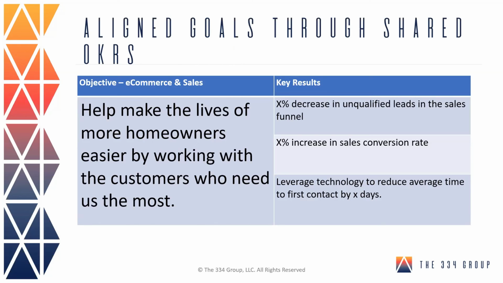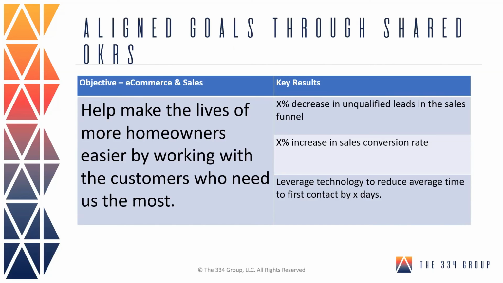So rather than increasing the total number of leads that are coming through the funnel, e-commerce is actually working here to decrease some of the leads in the funnel. They want to make sure that the leads that are coming through are of higher quality to help relieve the burden on the sales team of following up with everybody, and to ensure the leads that they are following up with, that they are spending their time with, are more likely to convert into sales.